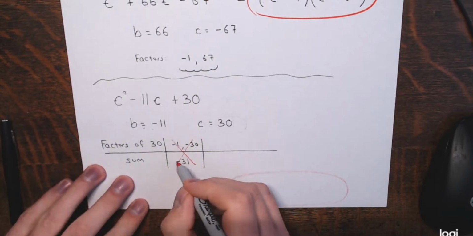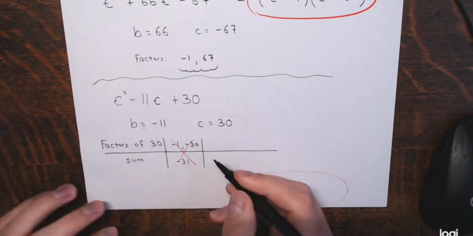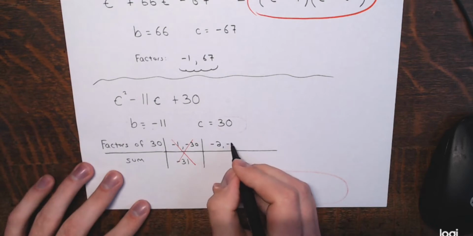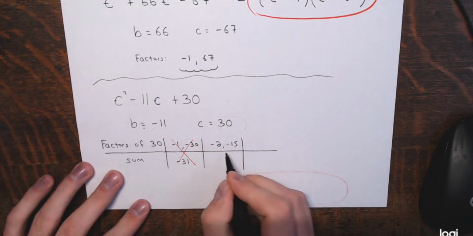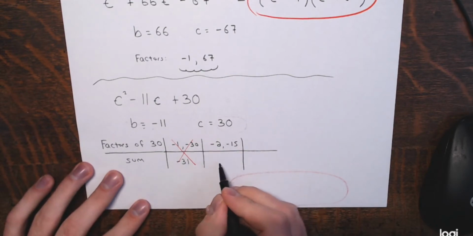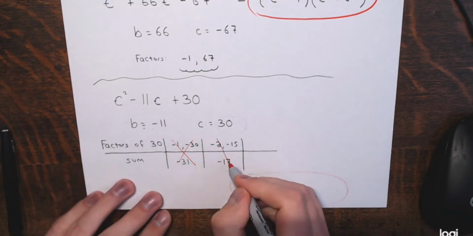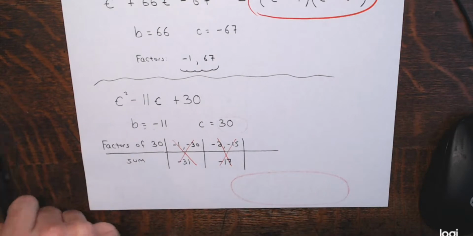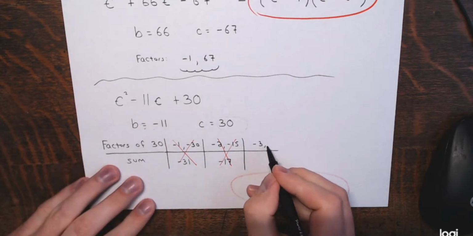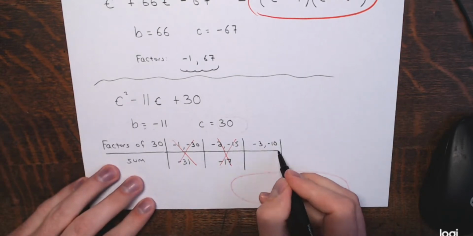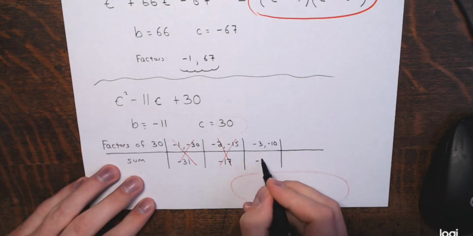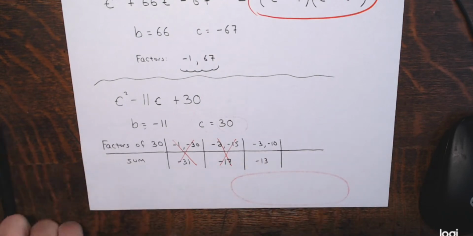I want negative 11. How about negative 2 and negative 15? Those multiply to be positive 30, but they add up to be negative 17, not negative 11. Negative 3 and negative 10 multiply to be positive 30, but those add up to be negative 13. We're getting closer to negative 11, but it's not negative 11 yet.